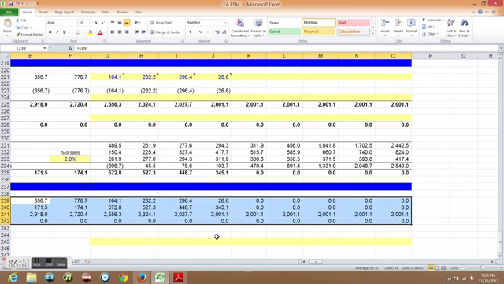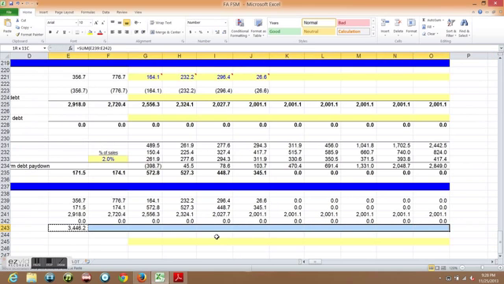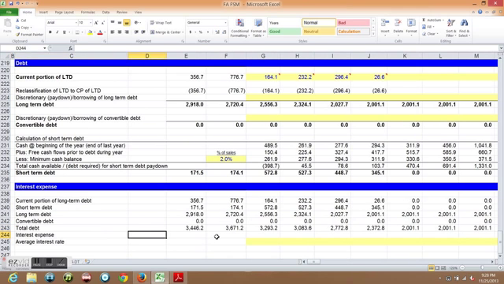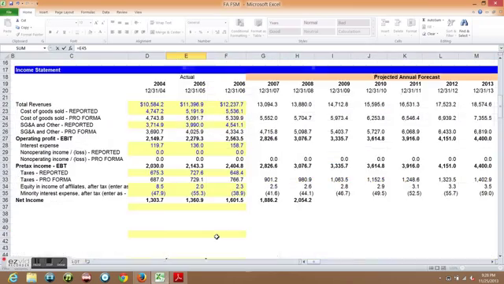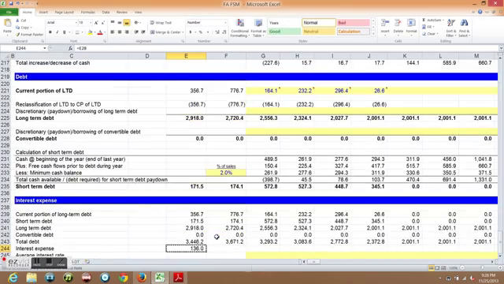Okay. So our total debt is basically the sum of all of these debts. And interest expense we're just going to get from our income statement over here. Okay. Copy that. So we have our interest expense.